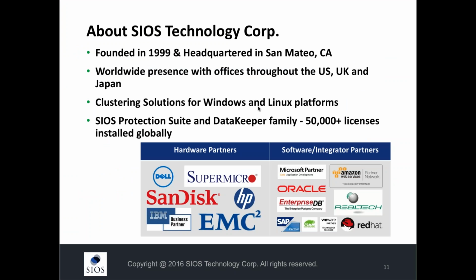We're a global organization. SIOS is a Microsoft Gold partner, and DataKeeper is logo certified for Server 2008 R2 and everything newer. So as far as Microsoft is concerned, this is a fully supported cluster. You're not going to have any issues with support if you change to this type of SANless model.